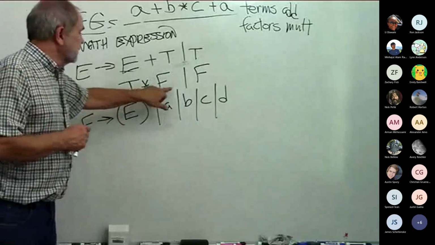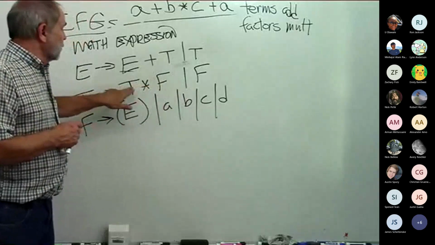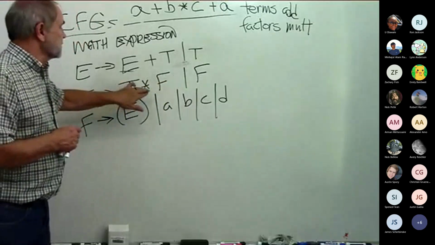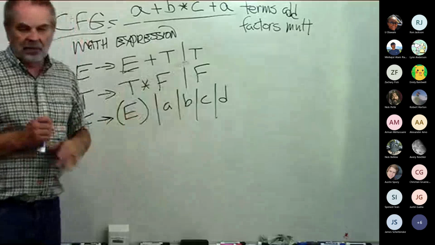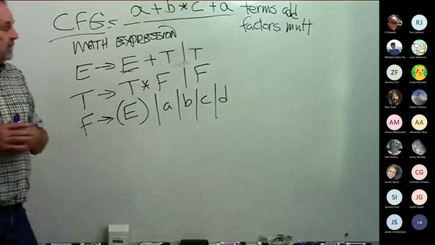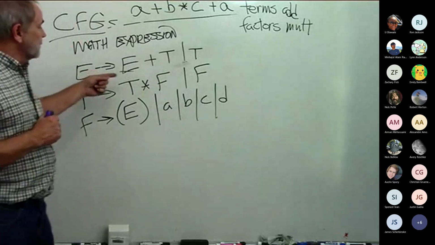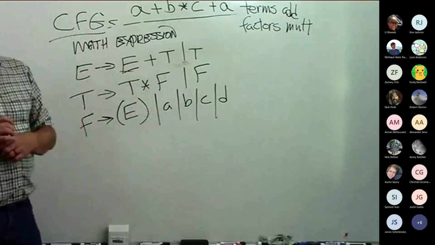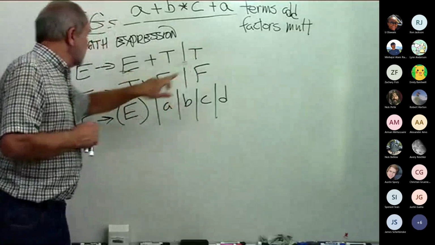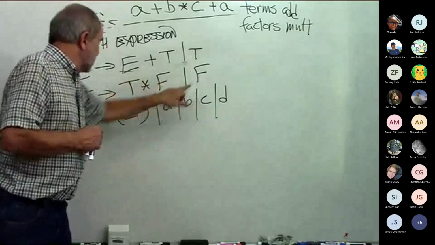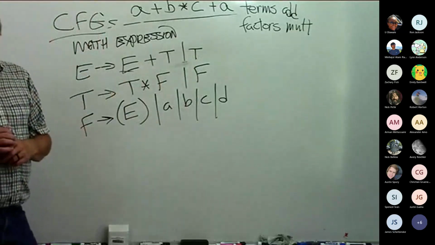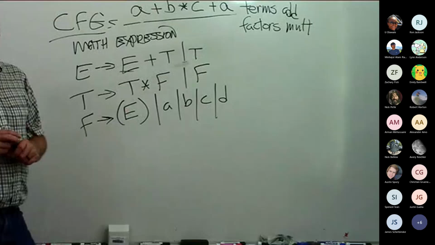Ultimately, this is going to be factor times factor times factor times factor, however many we want. We could have 0 of them if we just directly went E goes to T, T goes to F, F goes to A, and we're done. So the letter A could be generated by this. A by itself is a mathematical expression.